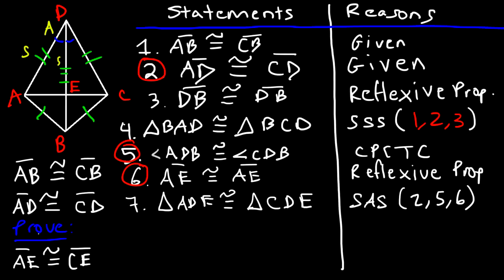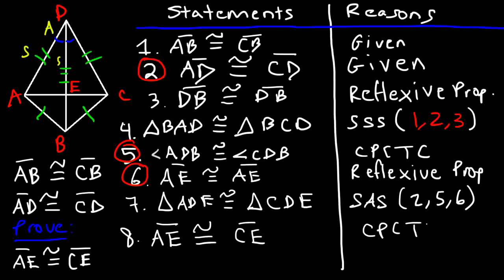So now that we've proven that triangle ADE is congruent to triangle CDE, we can now make the last statement that AE is congruent to CE. And the reason, CPCTC, corresponding parts of congruent triangles are congruent.